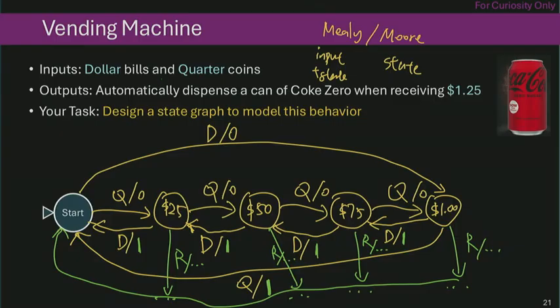With a Moore machine, you need a state for $1.25, and then produce an output of 1 to dispense the Coke. And therefore, you see Mealy is more optimal than Moore. Because the output is handled on the transition, so we don't have to exactly remember that final condition required for the output.